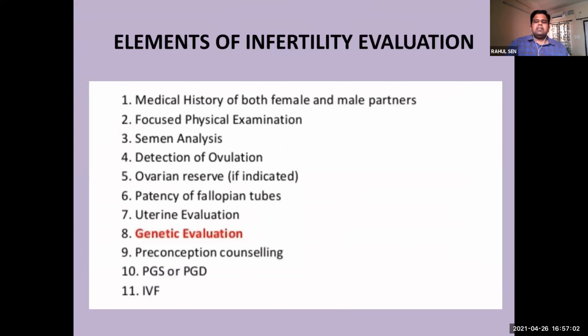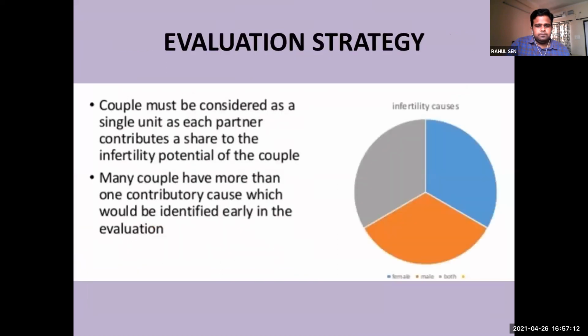There are various elements in infertility evaluation, and we might not be discussing each and every one of them. We'll be focusing on our topic, that is the genetic evaluation. In that genetic evaluation, our strategy must be very simple and sweet: a couple must be considered as a single unit, as each partner contributes a share to infertile potential.